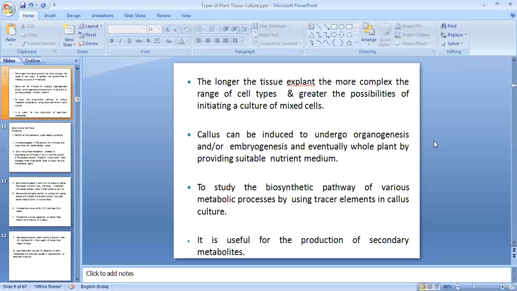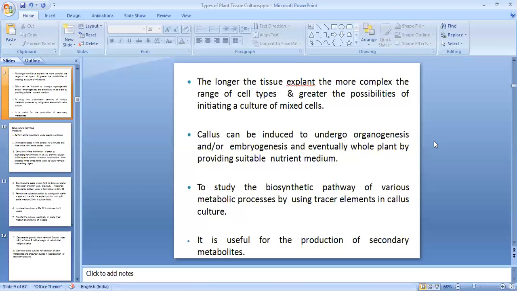And this callus can be induced to undergo organogenesis or embryogenesis, and then it can be developed into a whole plant by providing a suitable nutrient medium. That means the growth of the cells, either in the callus or in suspension, may be by two ways: organogenesis or embryogenesis.